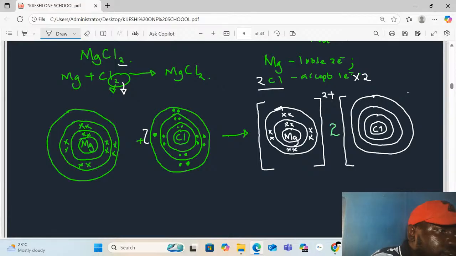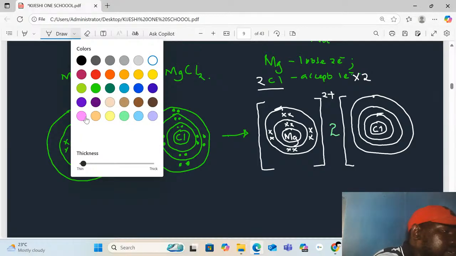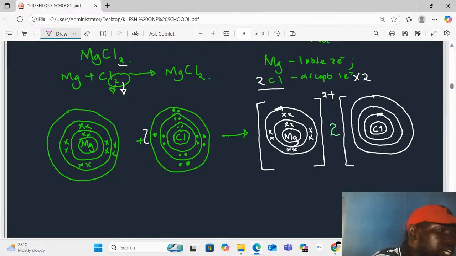I may not draw accurately, but what is important is that you follow the steps carefully so that you may understand. Now let me change the shade. So I first place the 7 electrons. The 17 of them, sorry, will be like this.